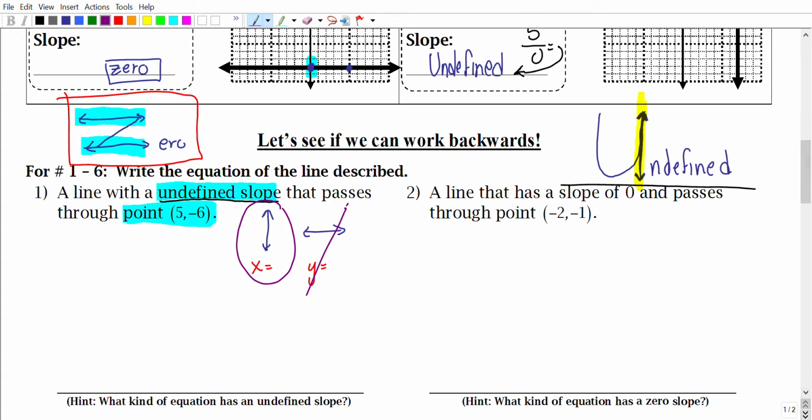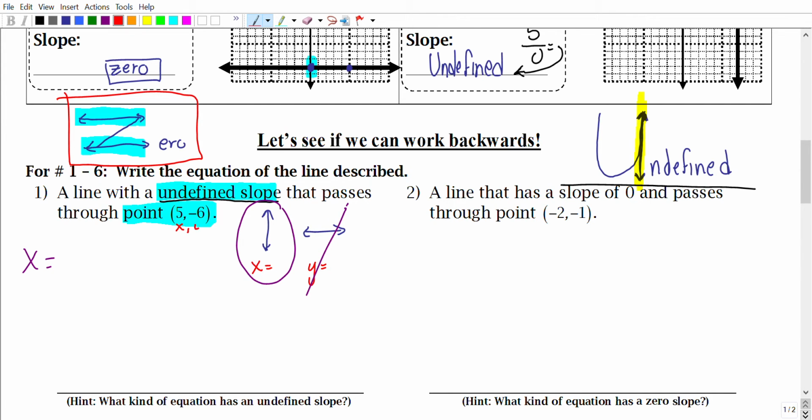So let's go ahead and start writing an equation. Well, it's x equals what? X equals what, guys? I'm going to have you think about it for a second, but I want to see if you guys can figure it out. Well, let's go ahead and continue then.